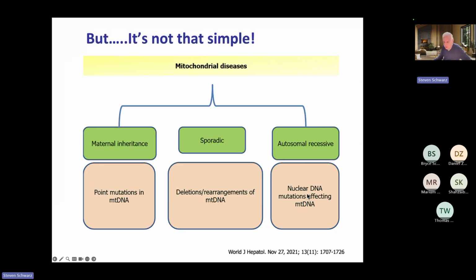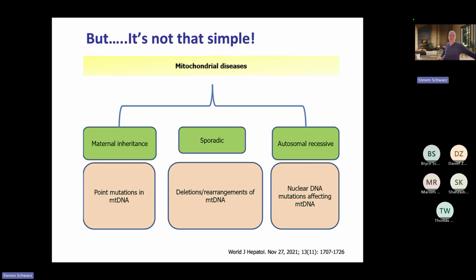That's the most common etiology of these respiratory chain disorders. The autosomal recessive, not dependent upon mutations in mitochondrial DNA, but dependent upon mutations in nuclear DNA from a haploinsufficient parent, or two haploinsufficient parents.